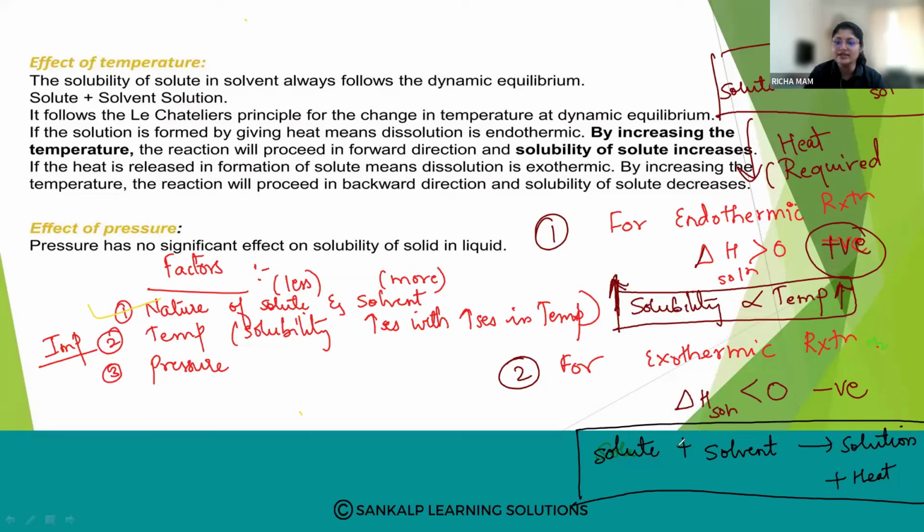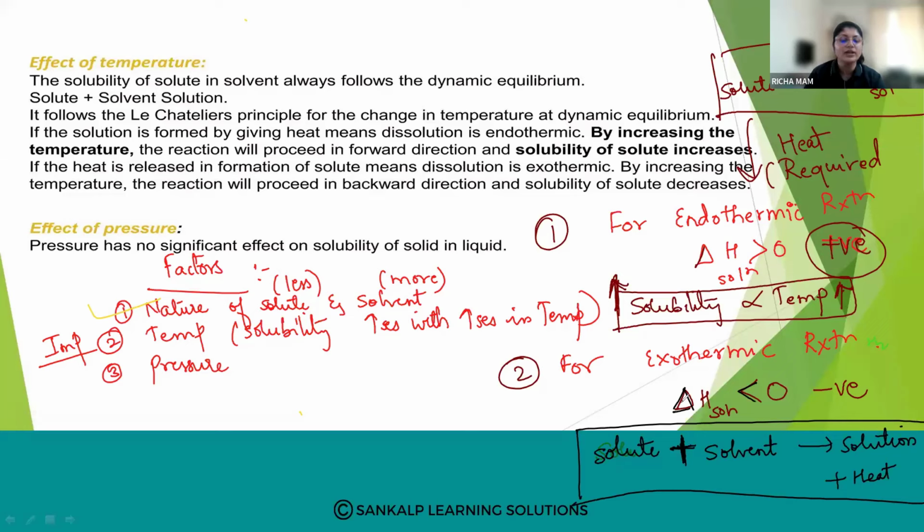Because heat is released in an exothermic reaction, heat is not required by the solute and solvent. Understand my point. So as the temperature increases, the solubility will decrease.